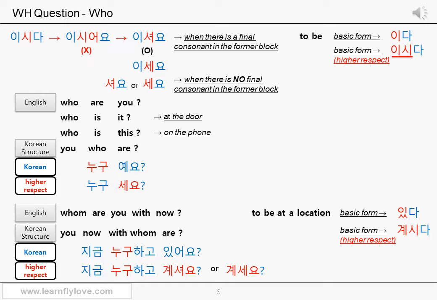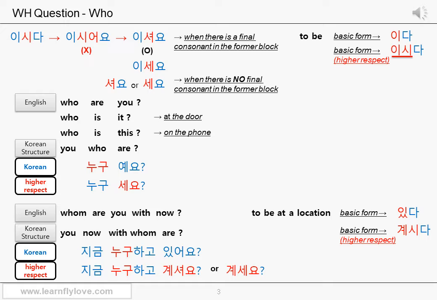Well, with and whom should be together in a Korean sentence because when we make a declarative sentence, I am with someone, this someone, the part that we want to know, is supposed to have the preposition with right before it. Well, even in English, you can make a sentence like this. With whom are you now? Whom has the preposition with right before it, right?